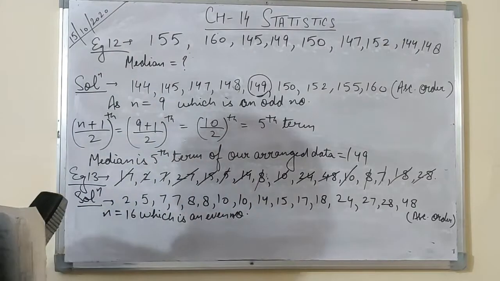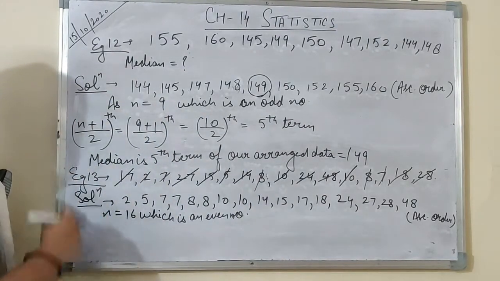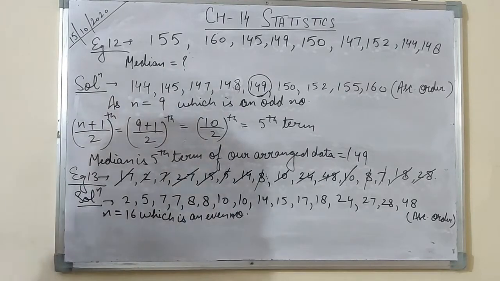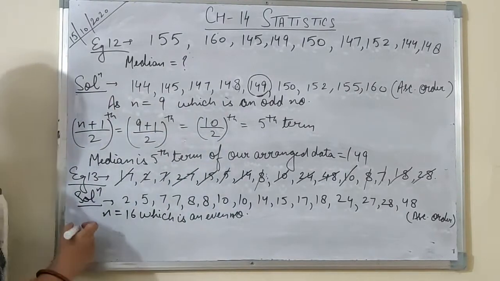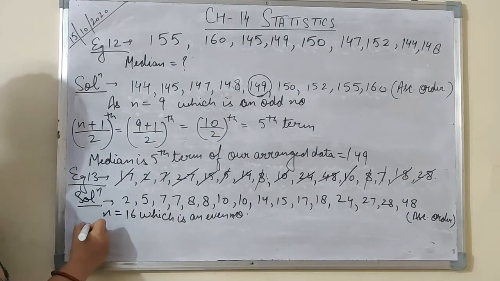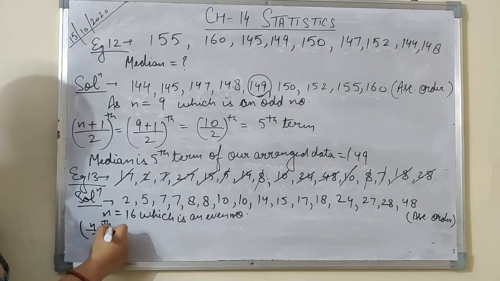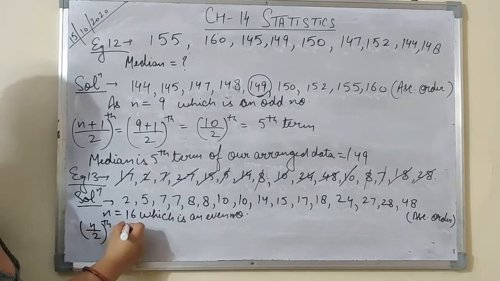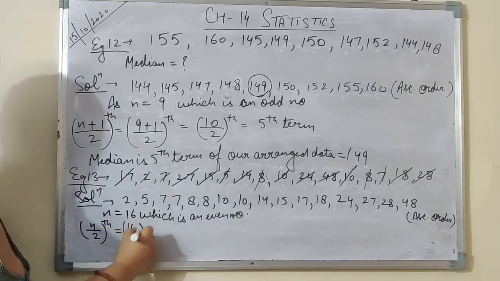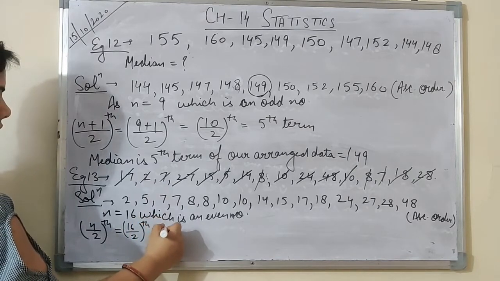Now, as I have told you, the way of finding the median for even data: first you will find the n by 2th term. Now n is 16, so 16 upon 2, that is the 8th term.